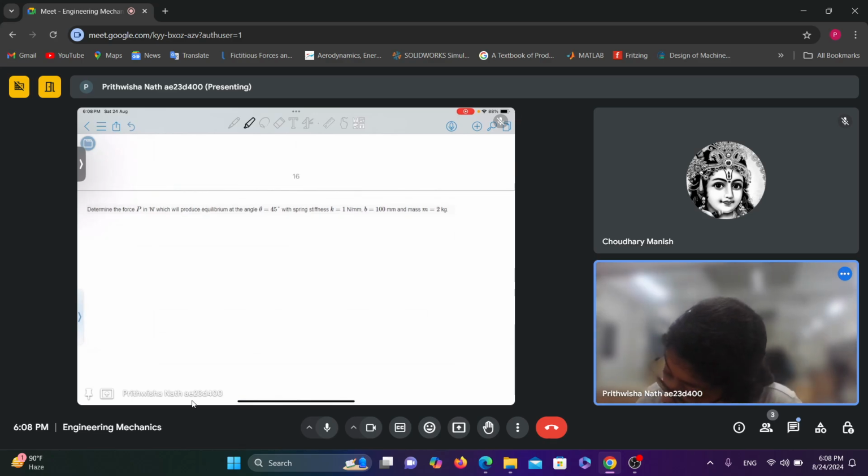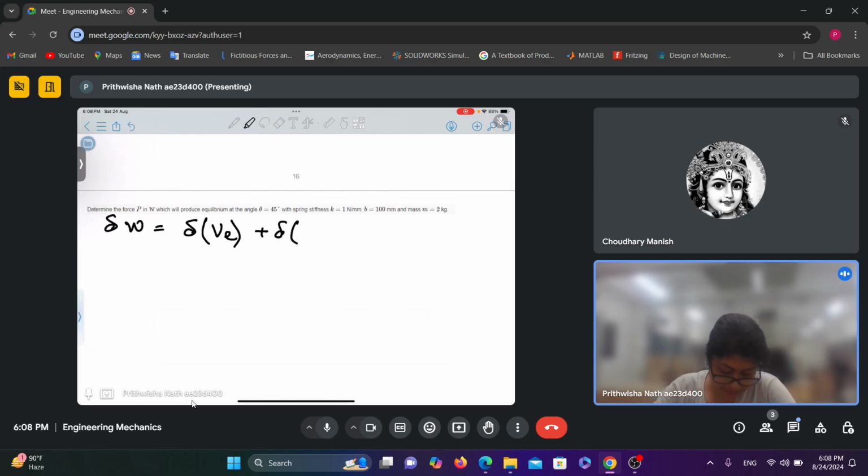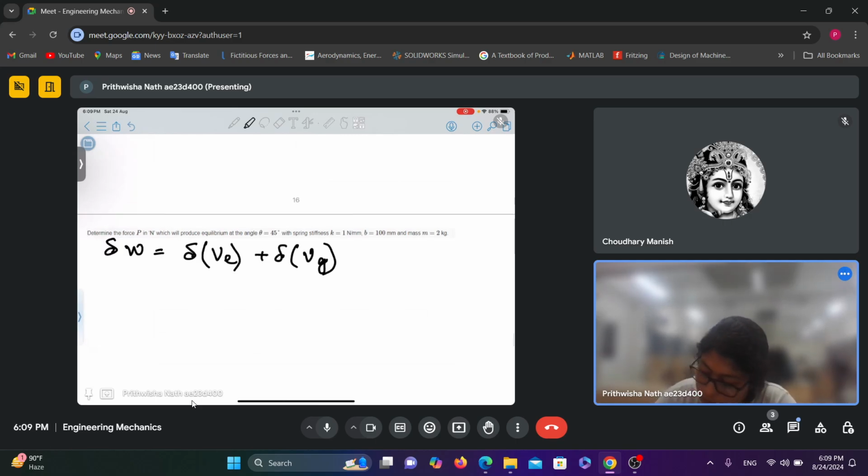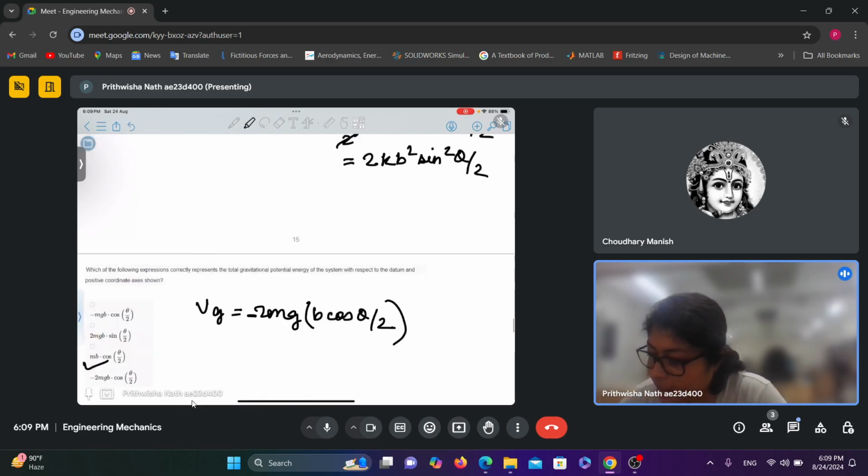So del W equals to del of potential energy stored in the spring plus del of the gravitational potential energy, right? So Vg. So del W is the virtual work done by the force P. So P into what was the distance that we calculated?